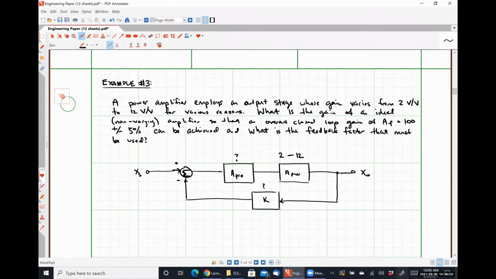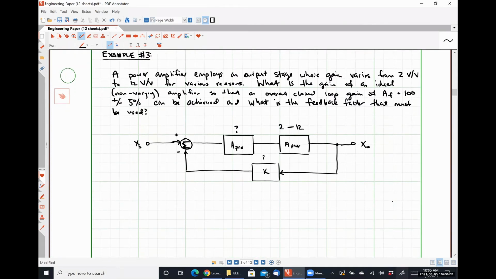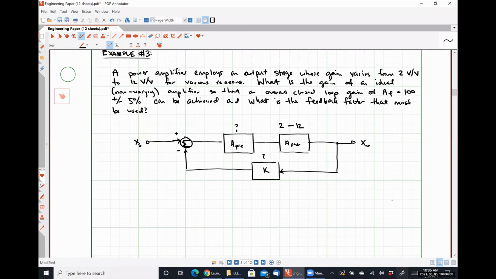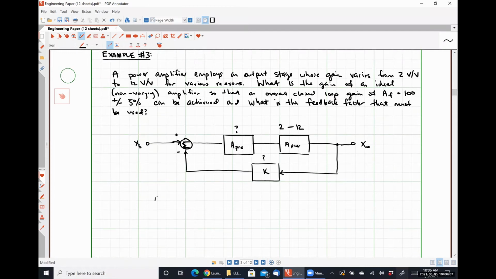So what is the closed loop gain of this amplifier system going to be? Can anybody tell me what it is? I want an equation, okay? What I mean by that is our closed loop gain, AF, for this system based on this signal flow diagram, what's it going to be?